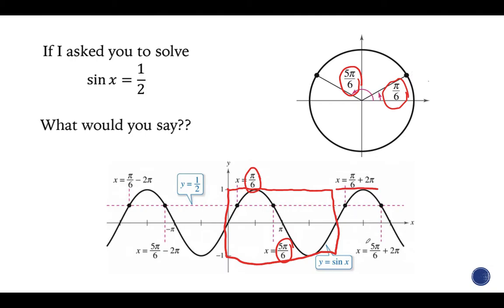And if I add 2 pi to 5 pi over 6, again, we get a whole other angle where sine is equal to 1/2. We also get the same thing if we go to the left side, right? If we come over in this direction and subtract 2 pi from both of those angles, we also get coterminal angles where sine is equal to 1/2, all right?